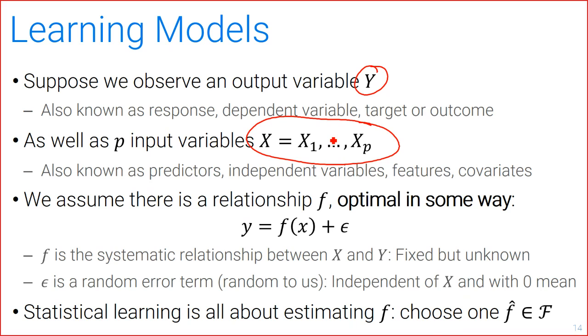The point is we assume there is a relationship f that is optimal in some way. So there exists some function f that is optimal to refer to the relationship between x and y.